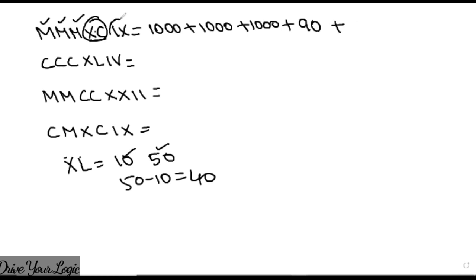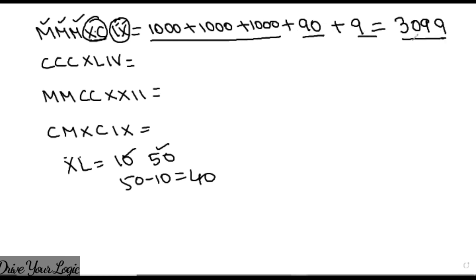IX, that means again X then larger symbol. Smaller first, then larger number. So larger symbol, what will you do? X minus 1, that is 9. Now write down the answer. So what will be the answer? 3099. Okay, this 3 goes for 3000. In the 100 place there is nothing. So XC means 100 minus 10, that is 90, and 9. And your answer is this one.